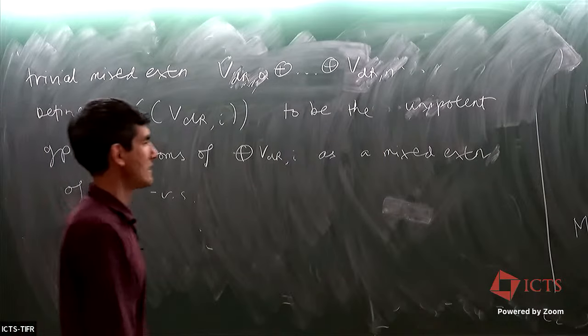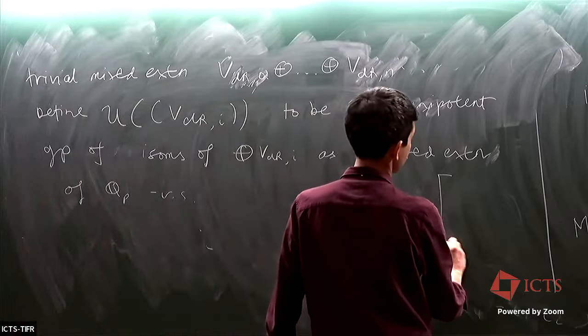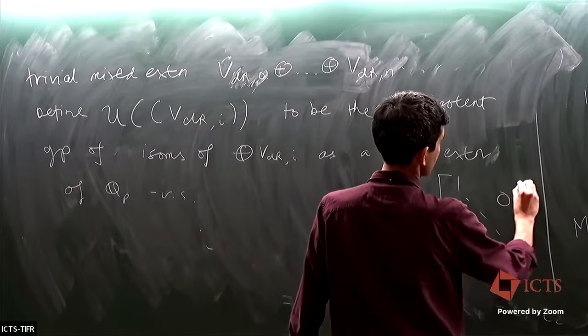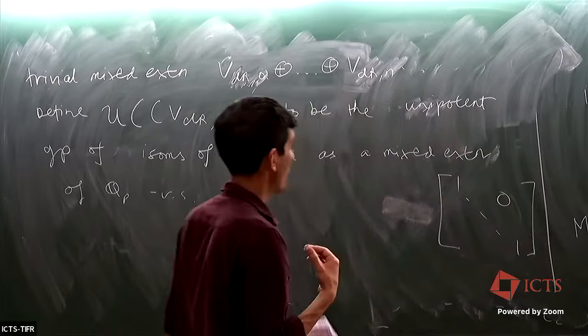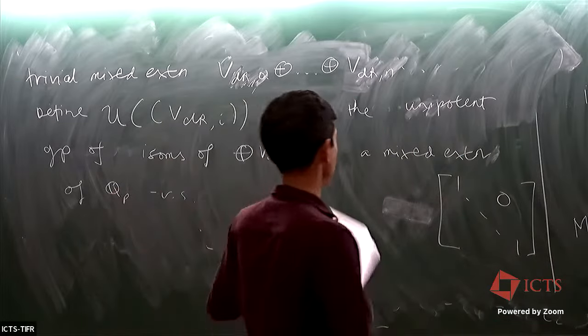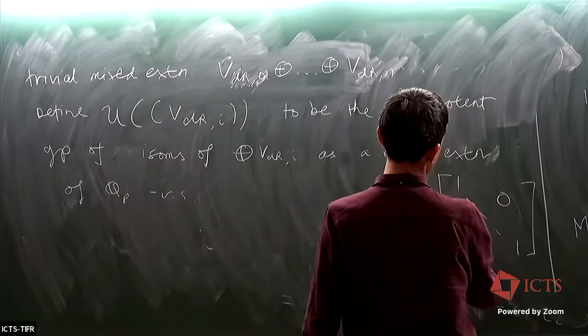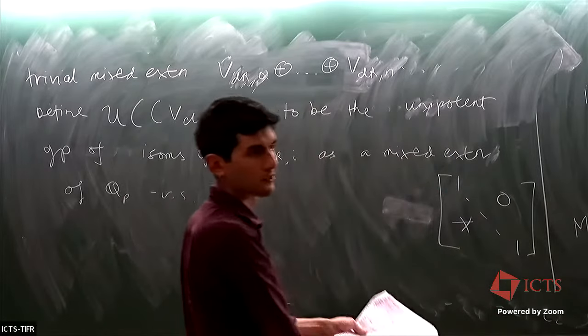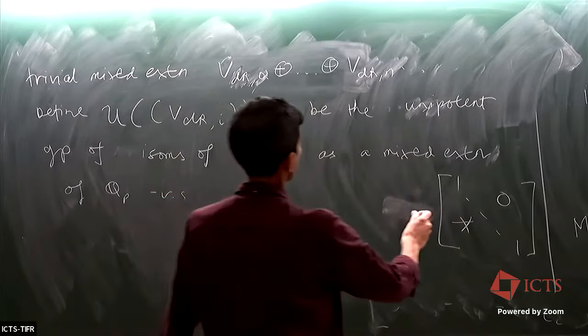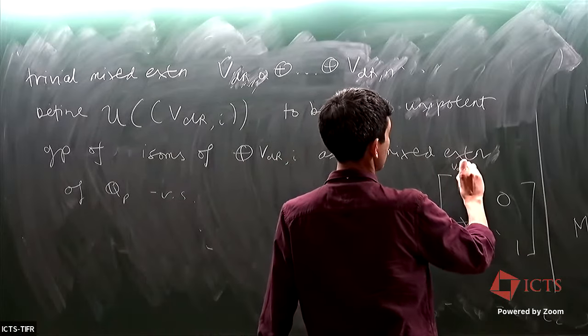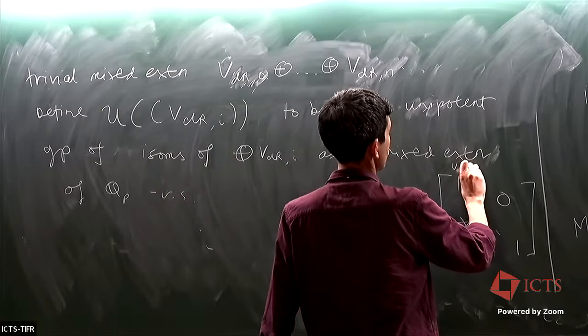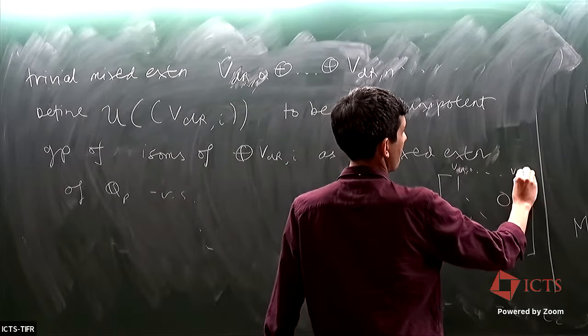Right, so they're exactly lower triangular. These really are just isomorphisms of this vector space, so block matrices, going from V dR naught to V dR n.